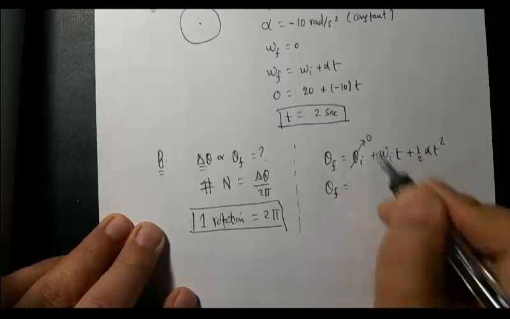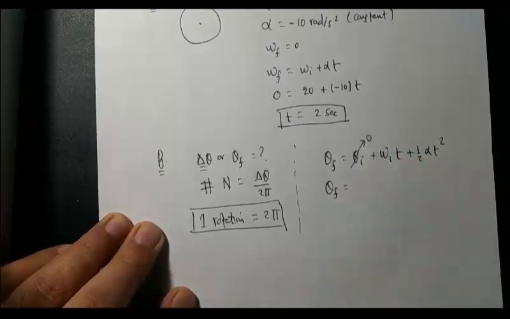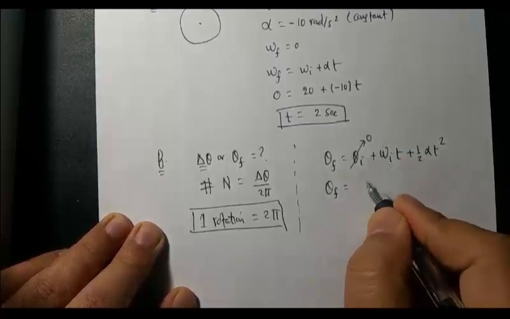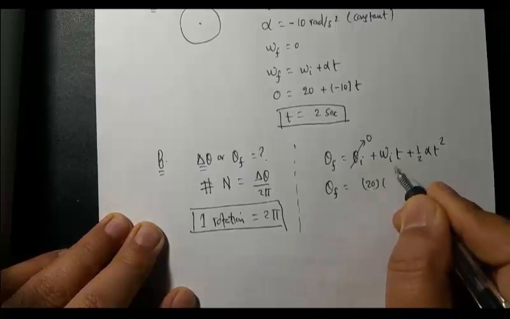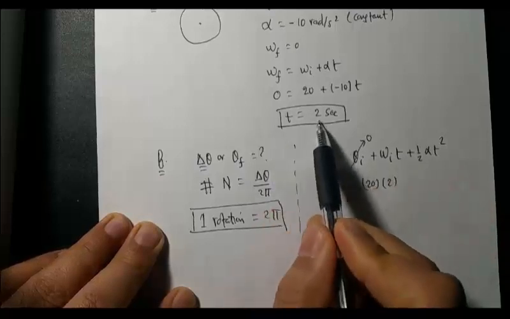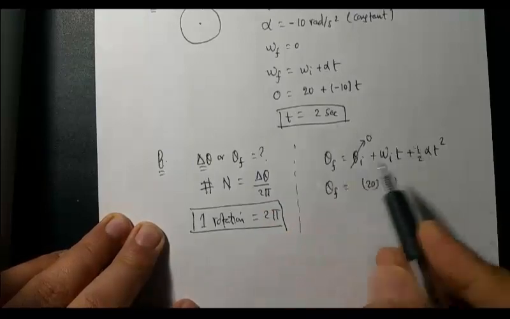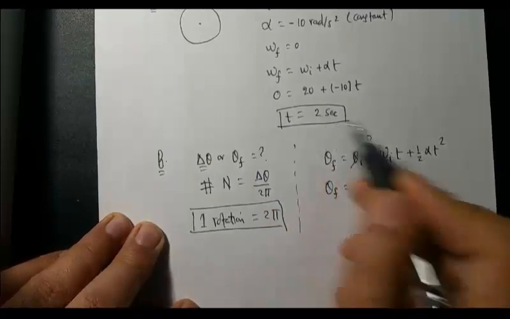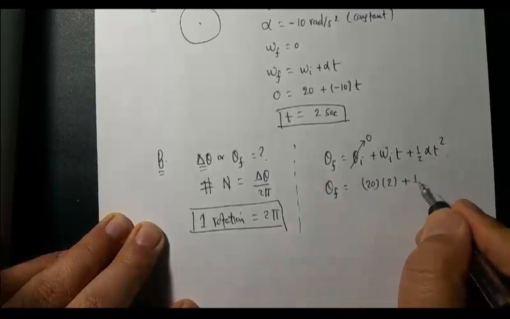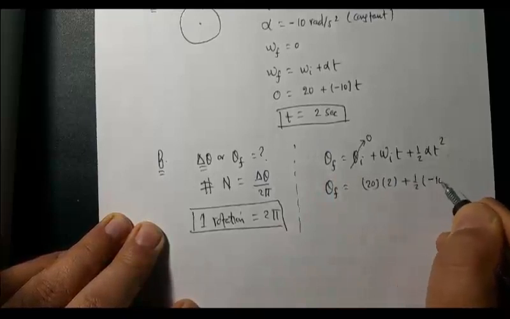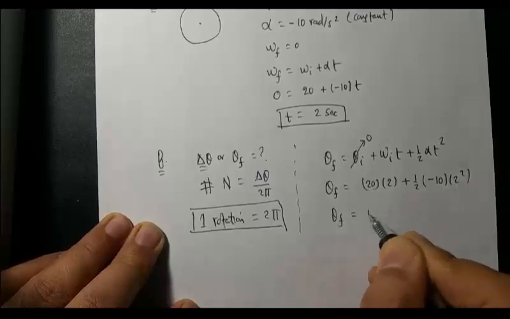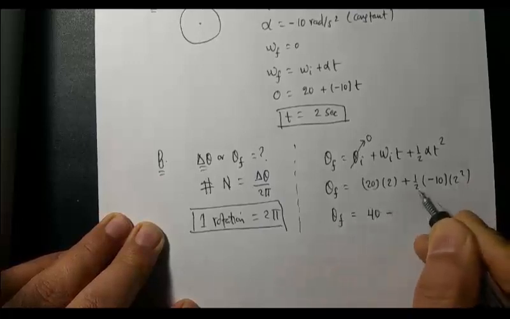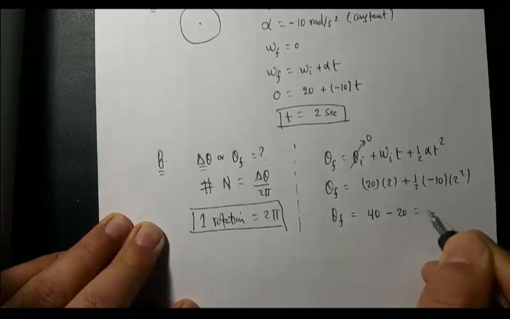Theta initial, let's say, is 0, since you started off from 0 angle, and omega initial is 20 radians per second. Time is 2 seconds, because we're calculating the total angle it rotates within 2 seconds, plus 1/2 alpha, and don't forget the negative sign. So theta final is 40 minus 20, so 20 radians.